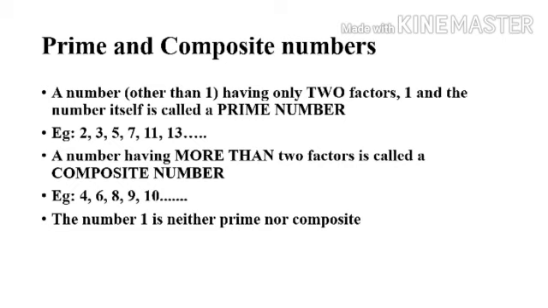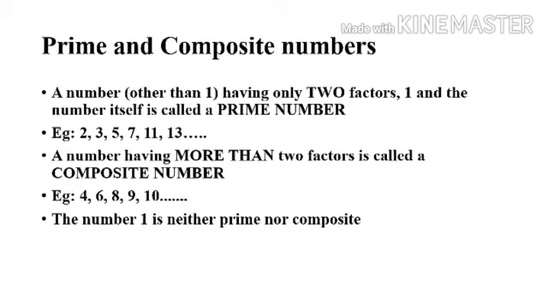Then what about composite numbers? Which type of numbers are composite numbers? A number having more than two factors is called a composite number. For example, the number 4. 4 has three factors. 1, 2 and 4 are the factors of 4.